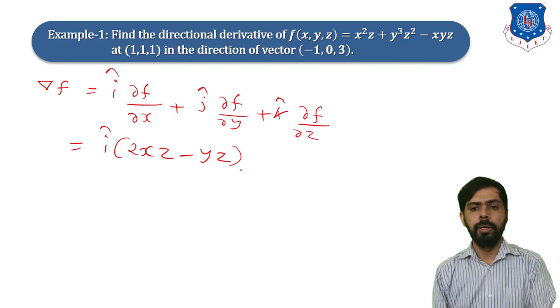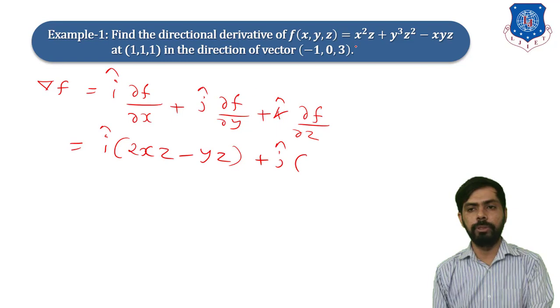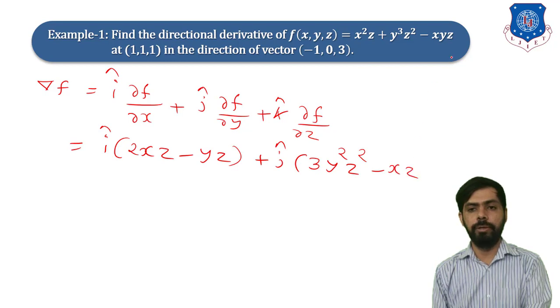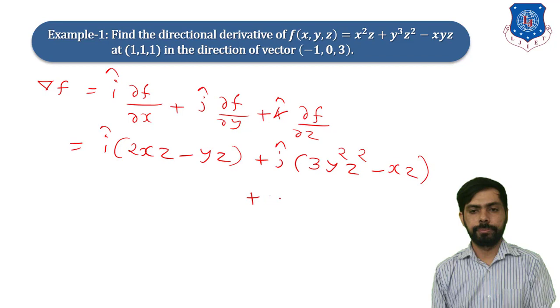Clear? Plus j del f by del y, that means now we will partially differentiate function f with respect to y. Now x and z will be constant, therefore the derivative of the first term will be 0. Here the derivative of y cube will be 3y square z square minus xz, because the derivative of y is 1. Plus k cap del f by del z, that means partial differentiation of function f with respect to z.